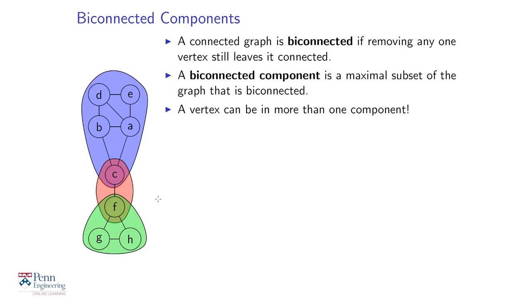So each vertex can belong to only one strongly connected component. It'll turn out that biconnected components is an equivalence relation on the edges. So each edge can belong to only one biconnected component, but vertices can belong to multiple biconnected components, as shown in this picture. The vertex C and the vertex F each belong to two different biconnected components.